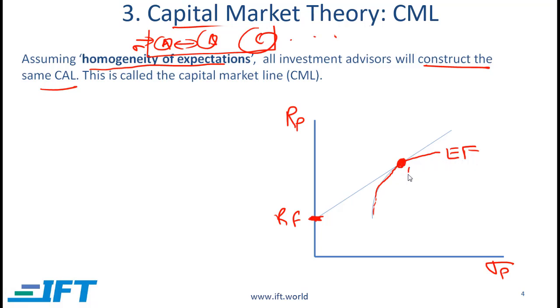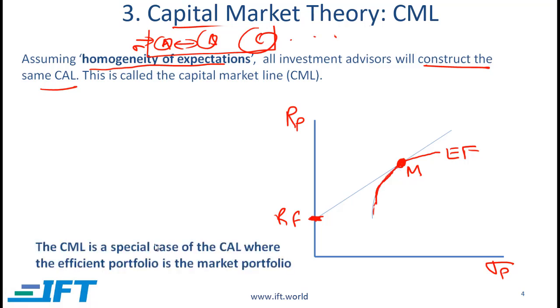This point is called the market portfolio. It represents the optimal risky portfolio when all investors have the same expectations. Essentially, what we are saying is the following. The CML is a special case of the capital allocation line where the efficient portfolio is the market portfolio.